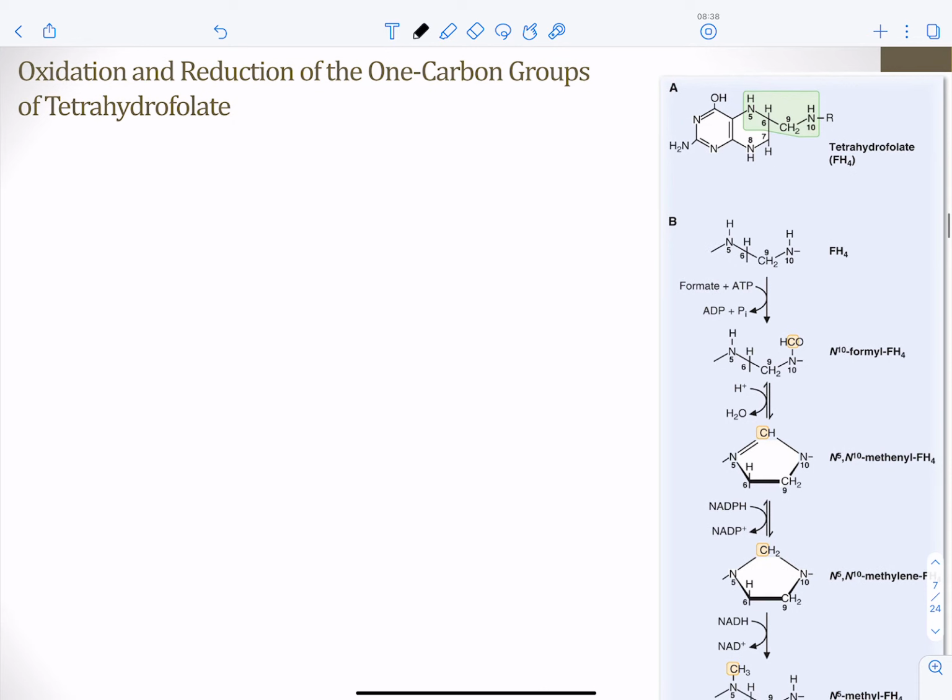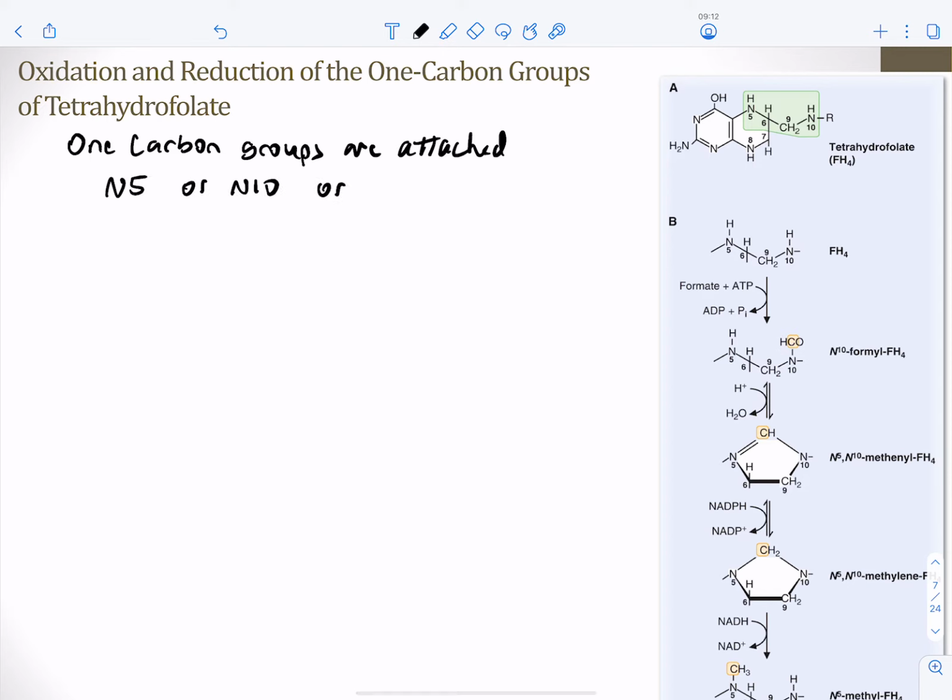All right, so tetrahydrofolate can undergo oxidation and reduction of its one-carbon groups. The one-carbon groups transferred by tetrahydrofolate are either attached to nitrogen 5, and we talked about this in our previous lecture, or to nitrogen 10, or a bridge between nitrogen 5 and nitrogen 10.